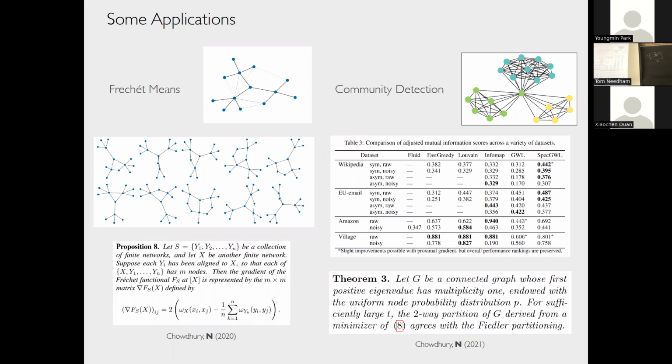So for example, here's a simple data set of graphs. They're all kind of similar, but I've added some random extra edges as noise. I take a Fréchet mean, which should be the mean of this set in the metric space of all networks, and the algorithm outputs this thing, which tells you what the underlying common structure is.